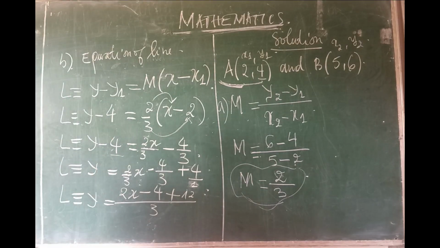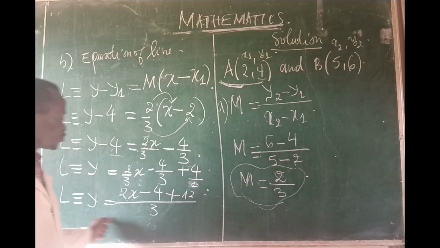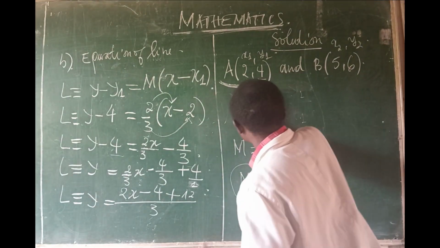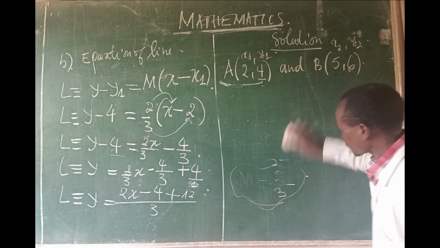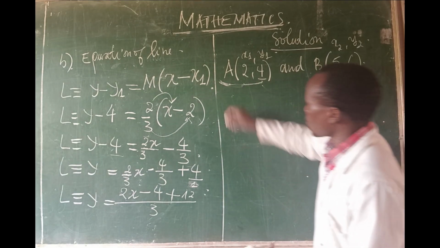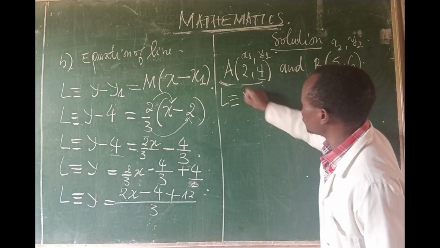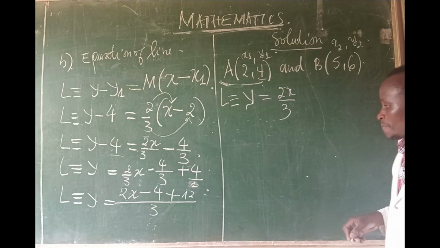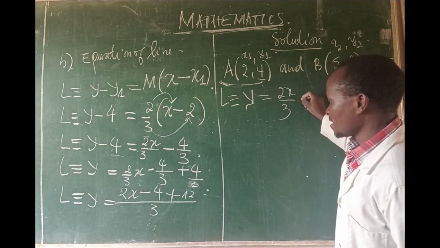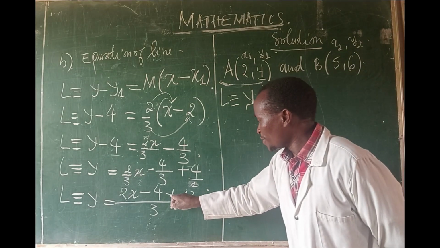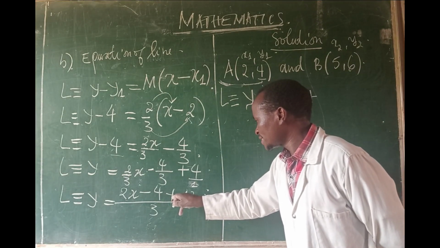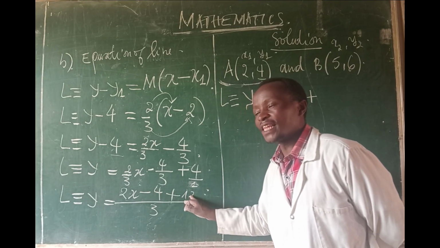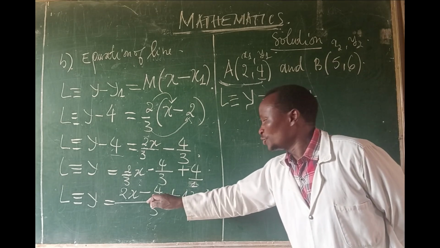So finally, our equation of line should be y, which is equal to 2x over 3. Then here we have a plus, because we have plus and minus, which means you have to subtract those numbers and write the sign of the biggest number.